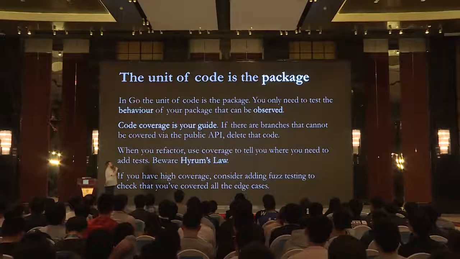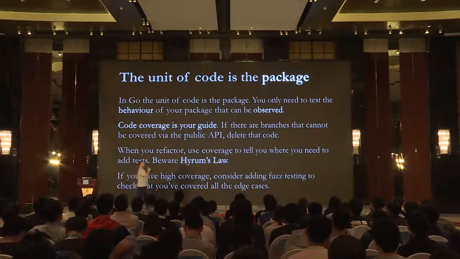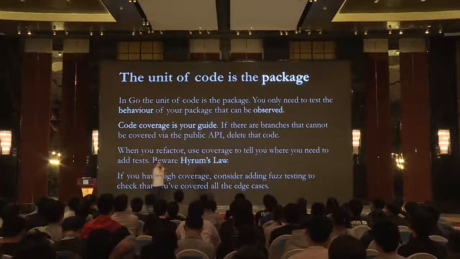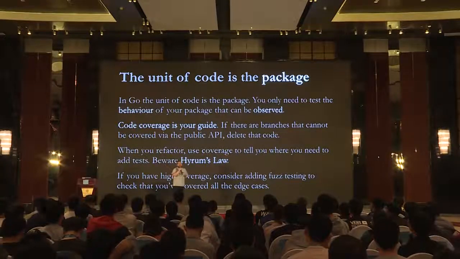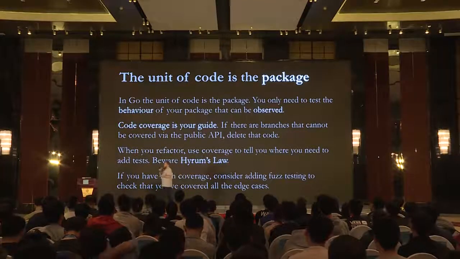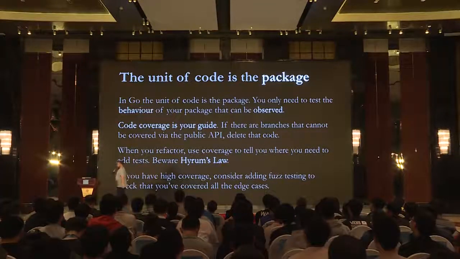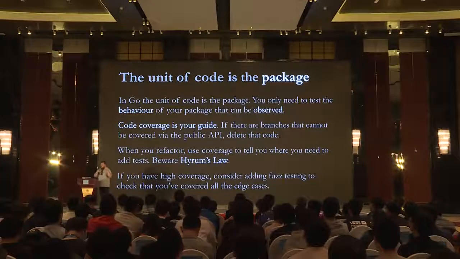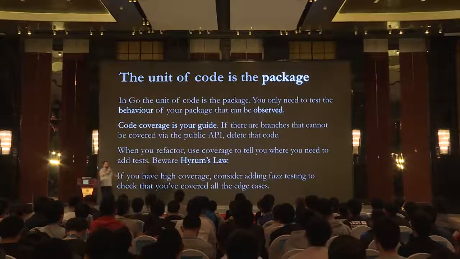Code coverage is your guide here. Code coverage is going to give you these answers. It's going to tell you when there are branches that you can't get to from the public API. Maybe you might consider deleting them. They'll certainly give you higher coverage. When you refactor, coverage is going to tell you where you need to add tests.